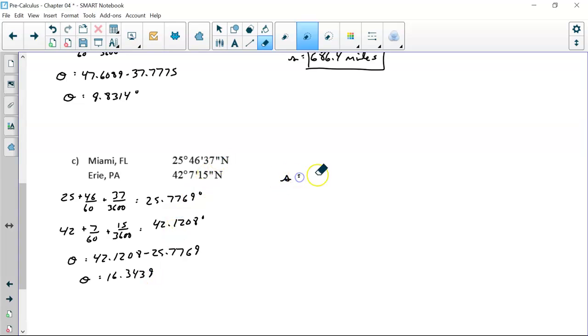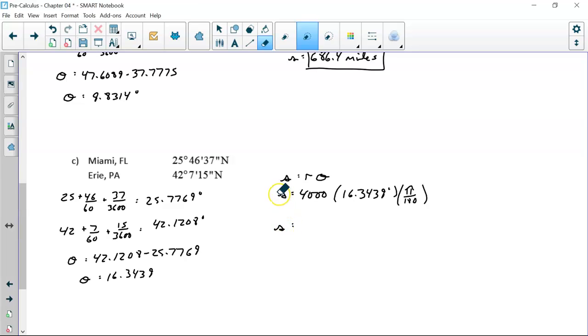So the distance S is theta. Let's do R times theta. Order doesn't matter. 4,000 times 16.3439 degrees. And then we have to multiply that by pi over 180 to convert from degrees to radians.